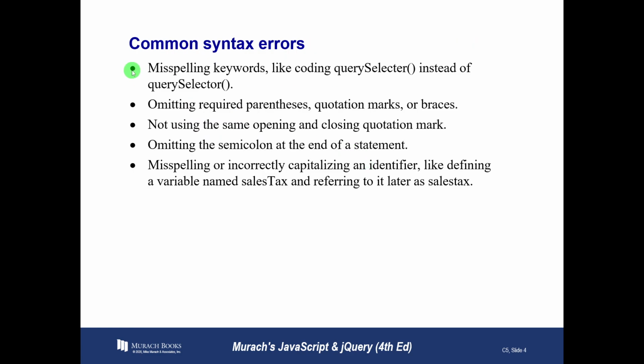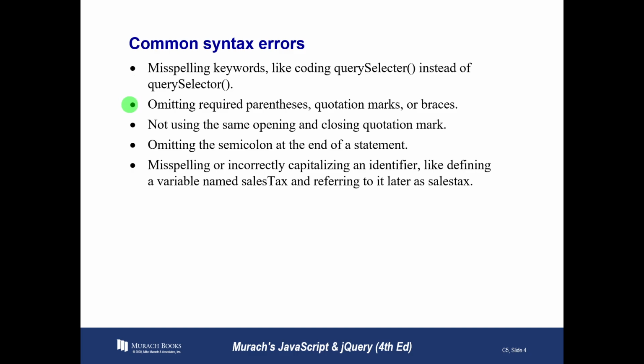So let's look at some common syntax errors. What are the things we need to watch out for? You've probably run into a lot of these already. Misspelling keywords, like if we write querySelectorER instead of querySelectorAll, most of the time your editor is going to catch that for you. But be careful. Don't misspell your keywords.